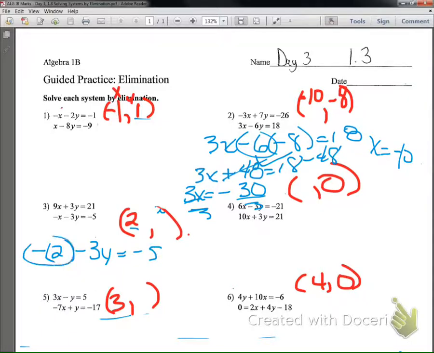This negative 2 can be put on the other side of the equation by adding 2 to both sides of the equation. So therefore you have negative 3y is equal to negative 5 plus 2, those are opposite signs, so you have to subtract, equals 3, but the 5 is bigger, so that's a negative 3. And then divide both sides by negative 3. Y is equal then to positive 1.